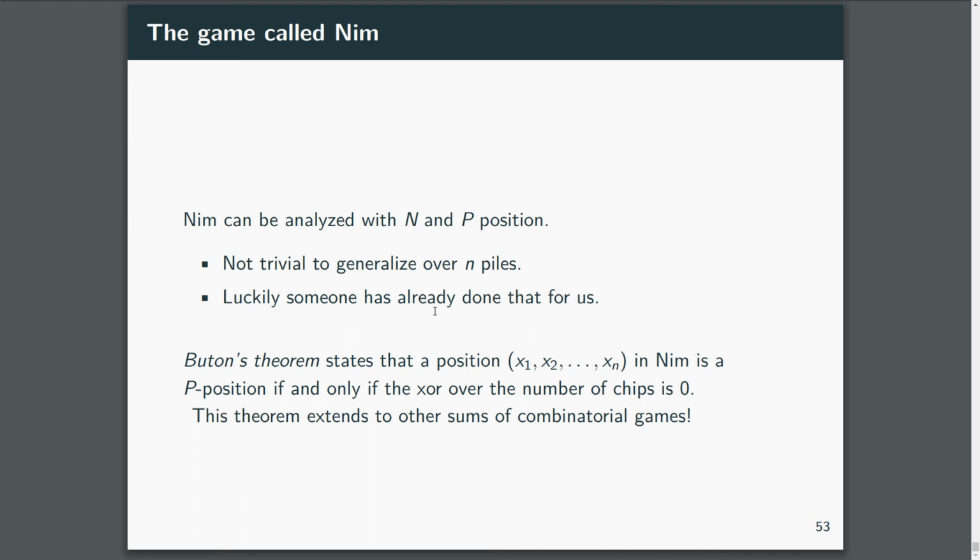This is usually done with stones. Nim is described with piles of stones. But yeah, it's supposed to be matches. So what you can do is map your game to Nim.